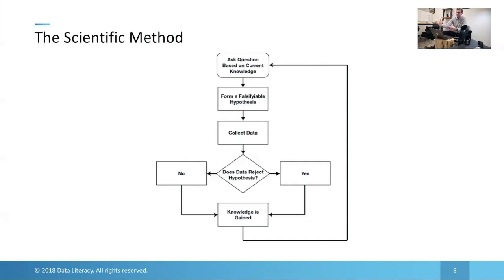If you notice in the middle, it goes from collect data to the very next question: does it reject the hypothesis? And so in between those two steps, collect data and answering the question that you had originally, as you all know, there's a whole lot of work that goes into, in many cases, preparing that data, analyzing it, and looking at it from a statistical as well as a pragmatic or practical point of view, and coming to some conclusions.